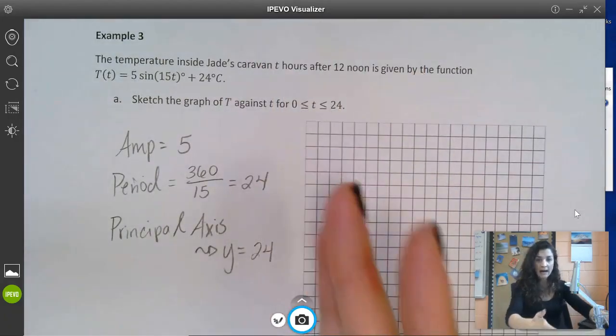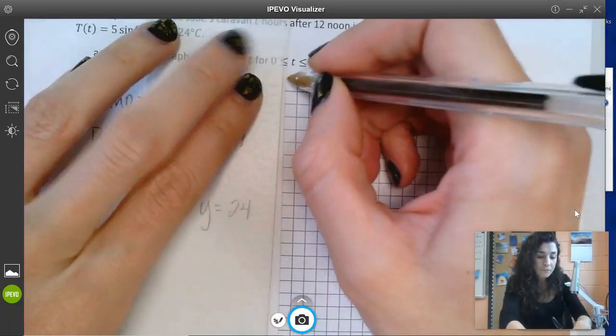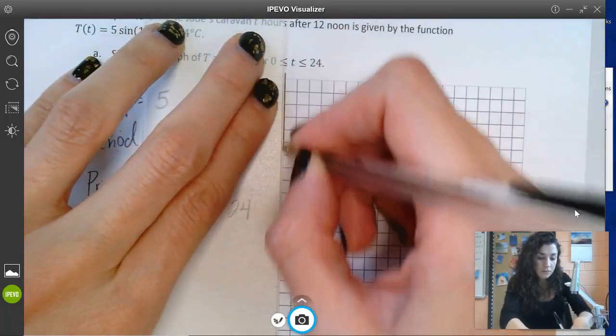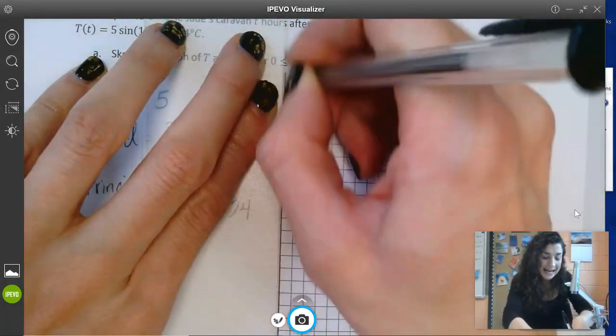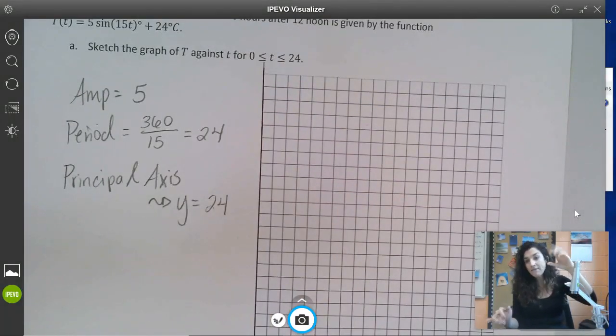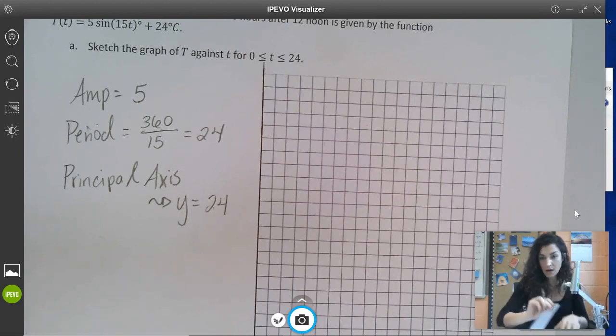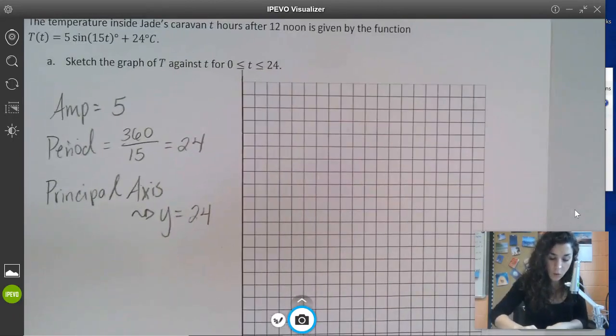So our y-axis can be built on the very far side. And then we know that our y values are going to be between 29 and 19. So we are only talking about positive y values.